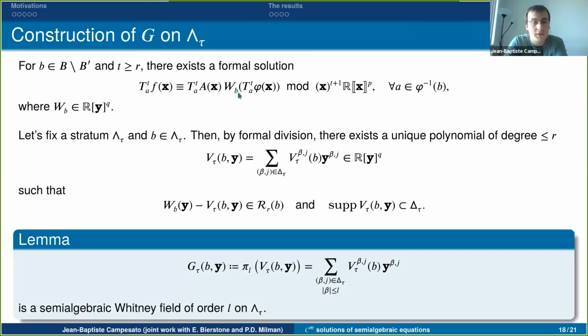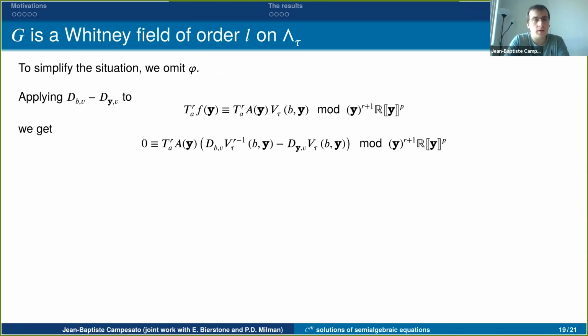So we have a field Vito which is a solution everywhere, which is semi-algebraic, and we need to check that it is a Whitney field. To do that, I'm just going to use everything that we introduced before.